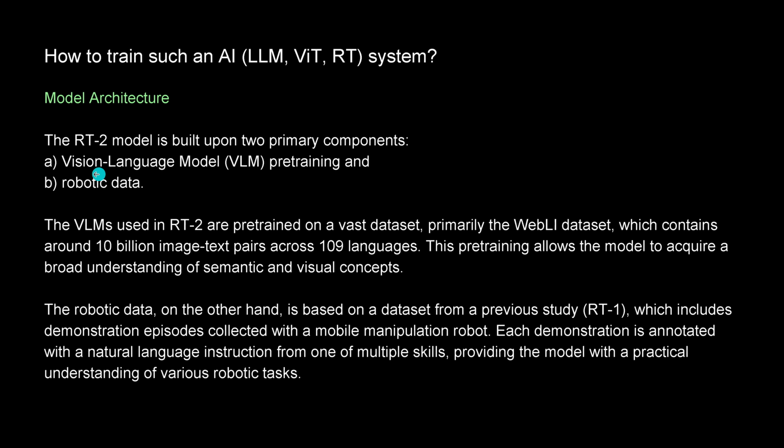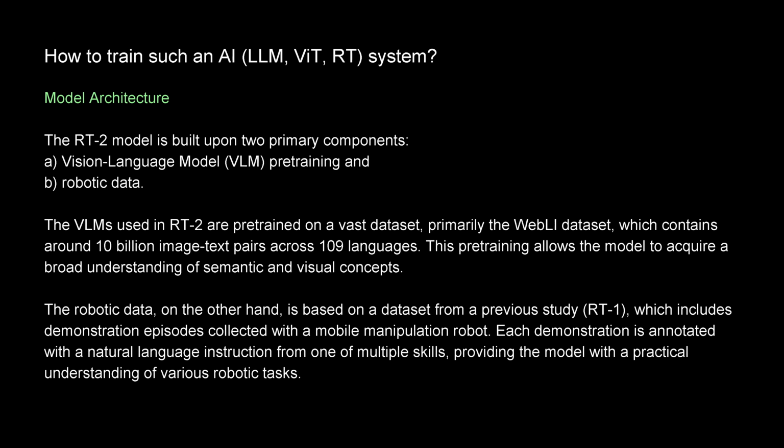And this is what our vision language model is pre-trained on. So this pre-training allows the model to acquire a really good understanding of semantic, textual, and visual concepts. Great. So we have now, let's say, all of the internet, all images of whatever, and we now understand how the semantic context and the visual context go together.